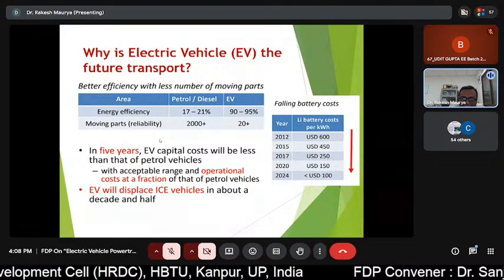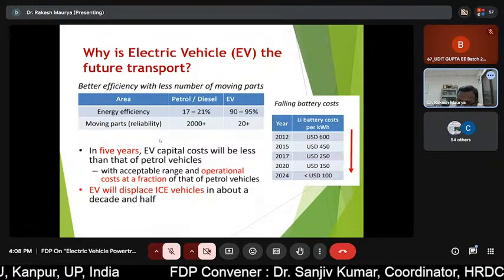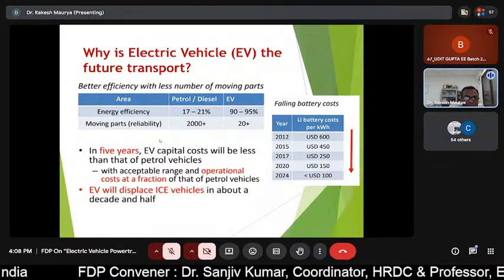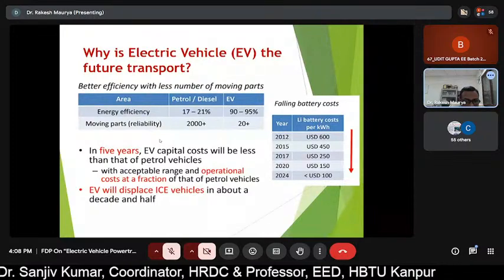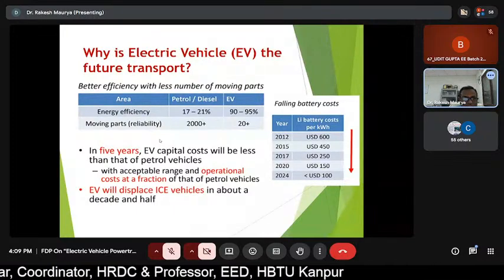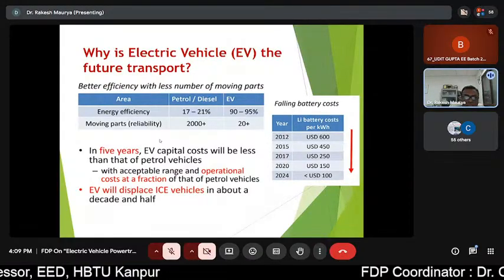Many times when I ask this question, they used to say it is pollution free. But is the electric vehicle a pollution-free means of transportation?